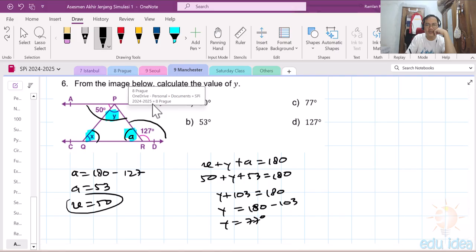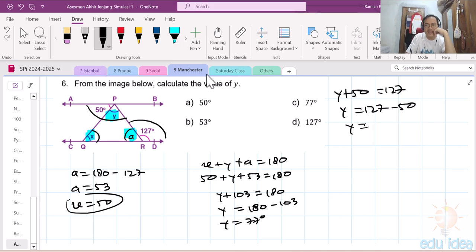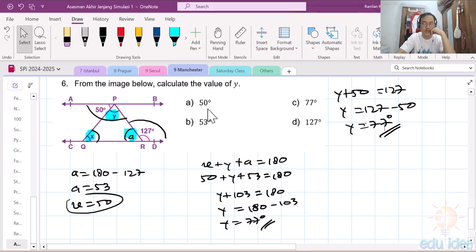Using that concept, y plus 50 equals 127, so y equals 127 minus 50, and you get the same exact value. There are a couple of ways to do it. It's up to you which point of view you use to solve this problem. Just go with what you are most comfortable with.